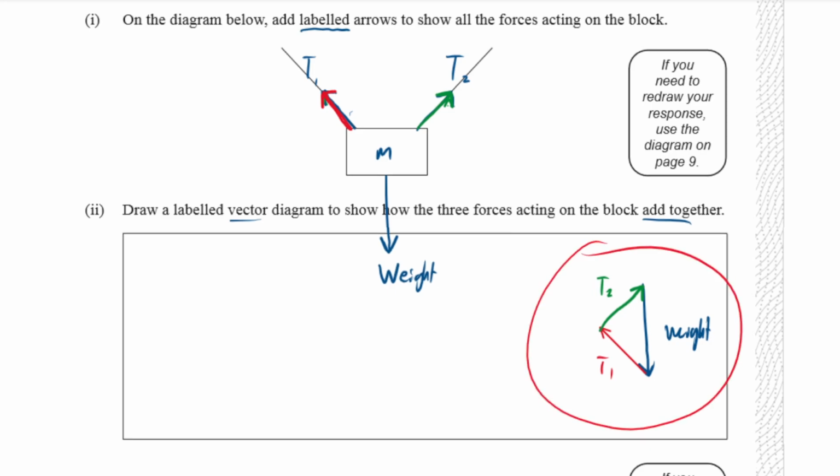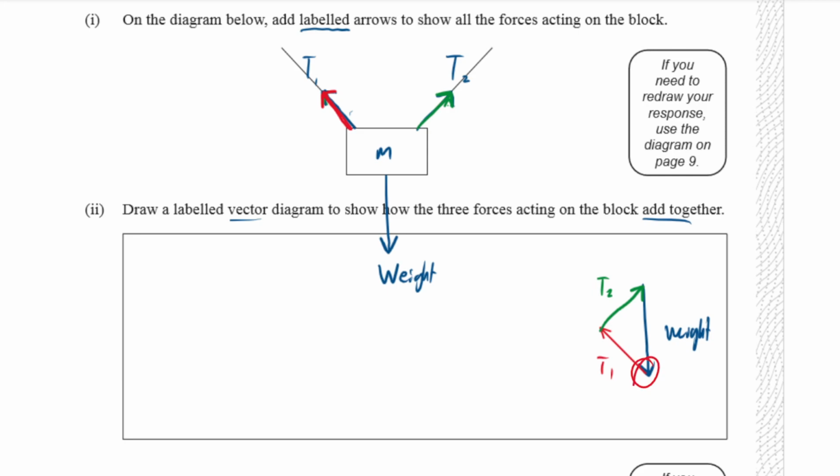And then in our vector diagram, I started drawing mine with the weight force because it was the largest arrow, and then to that I connected the tail of T1 to the head of weight, so that's at this point right here, and then from the head of T1 I connected the tail of T2, and I finally connected the head of T2 to the tail of weight, and we have a closed vector diagram indicating the net force is 0.